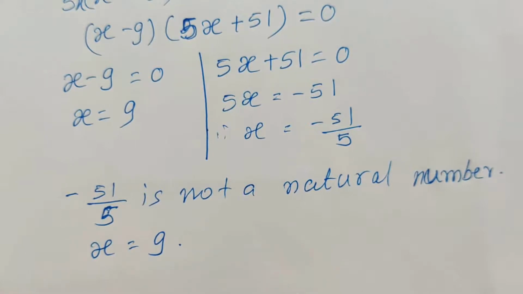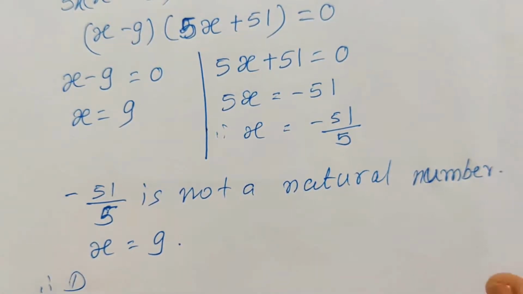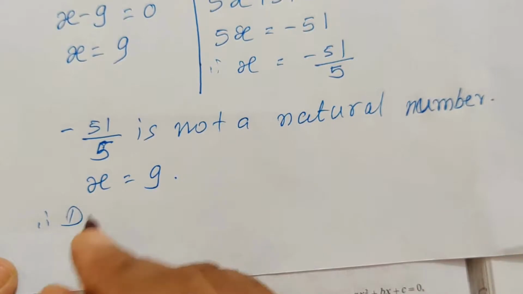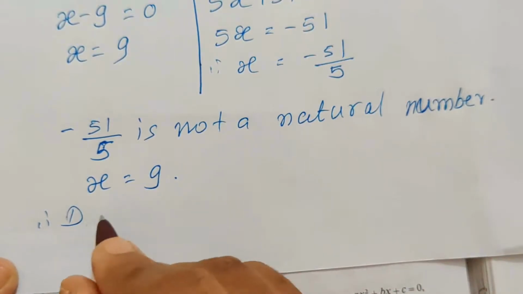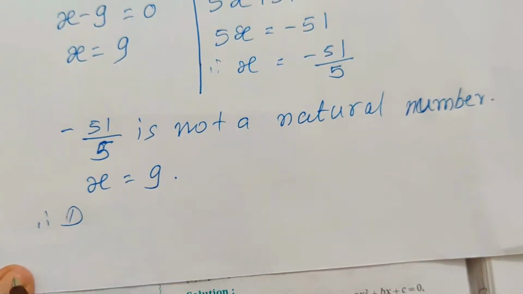And so we'll say the divisor is 9 and the quotient is, we'll put the value of x in what we considered, 5x plus 6.